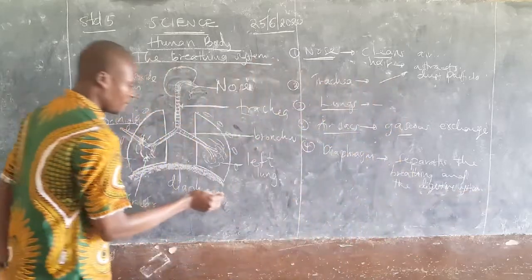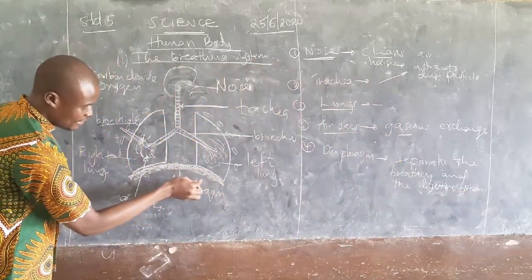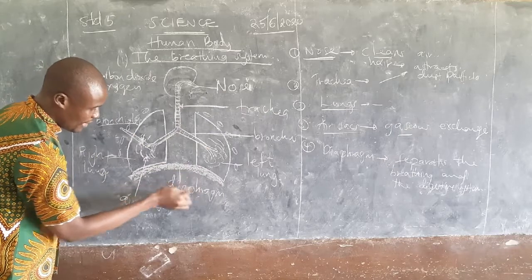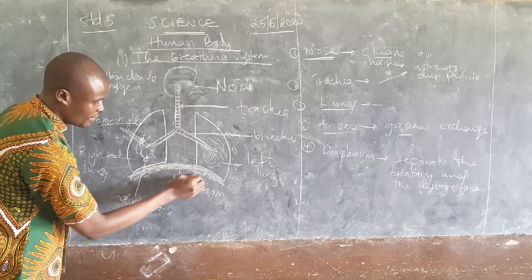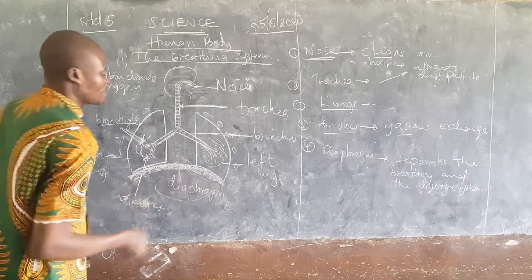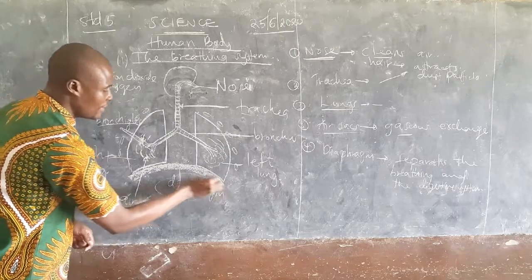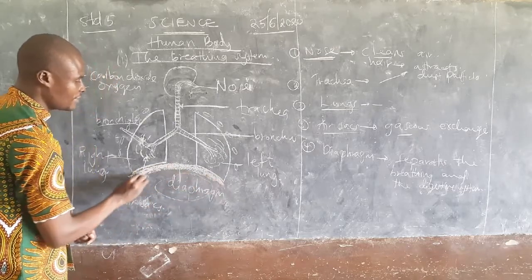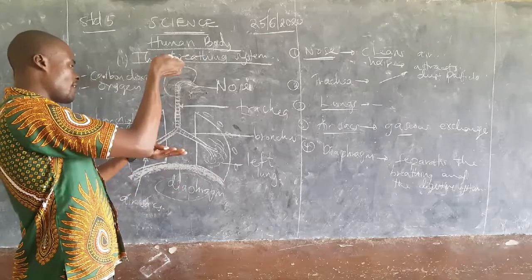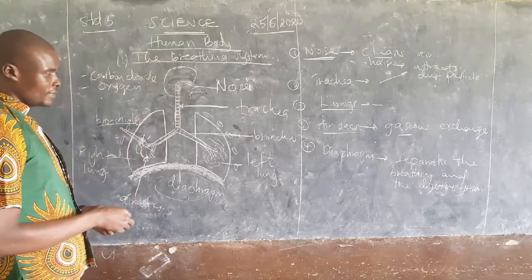It's just a membrane that separates them. Just down under it, we now have the digestive system that comes after it. So it's just a membrane that divides, separating the upper part and the lower part.